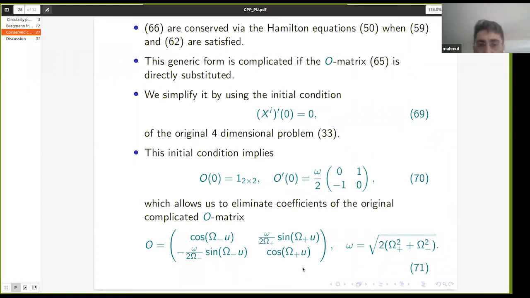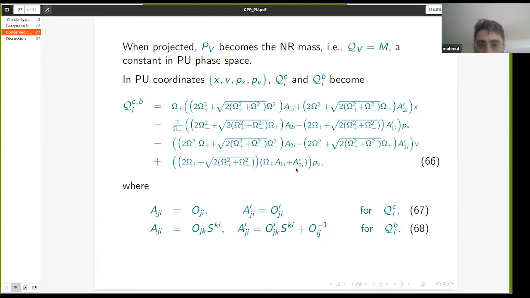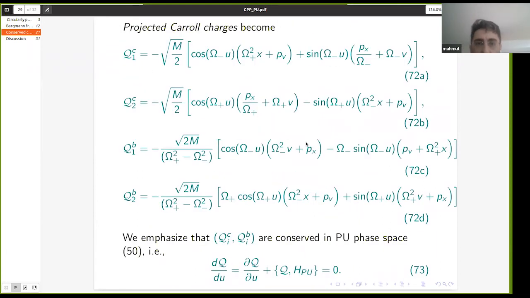Then plugging this into these charges, which are actually charges coming from the Carroll symmetry of the plane gravitational wave, we end up with these charges for the Pais-Uhlenbeck oscillator. Finally, you see, these charges are not very complicated.